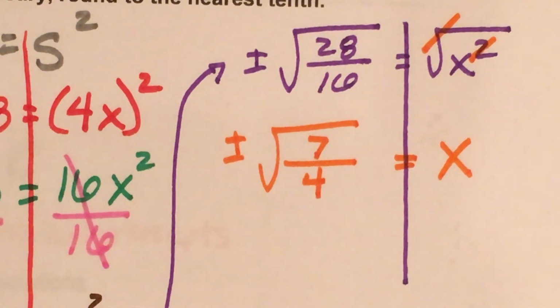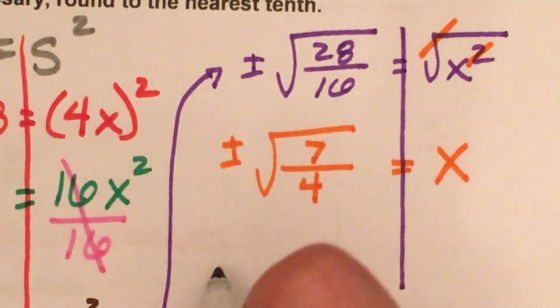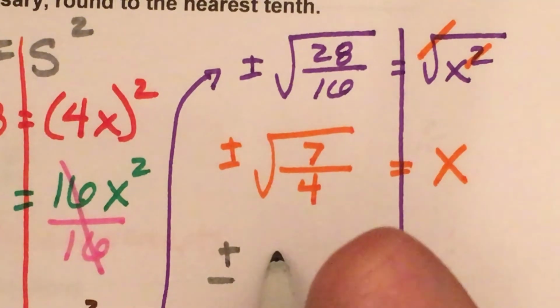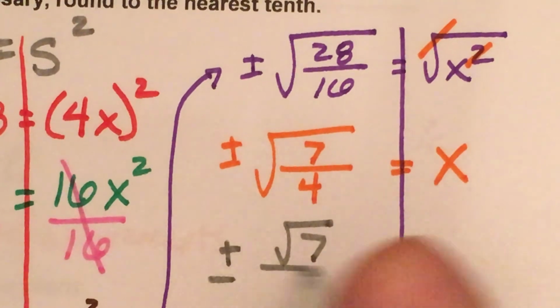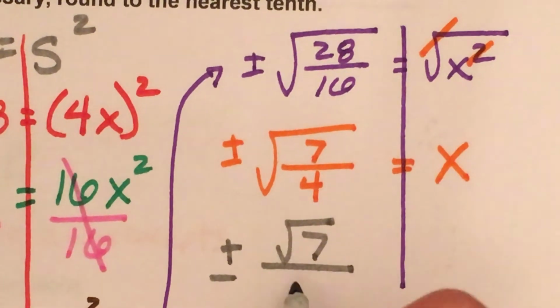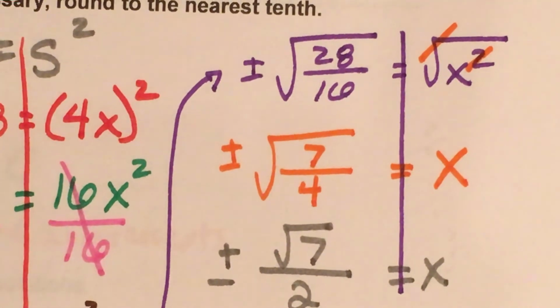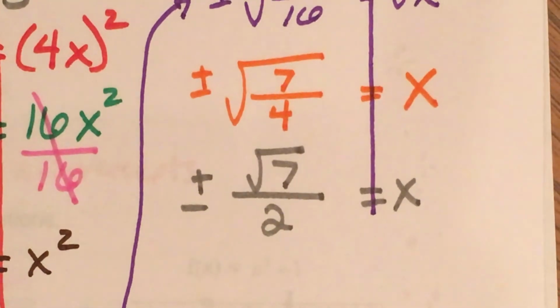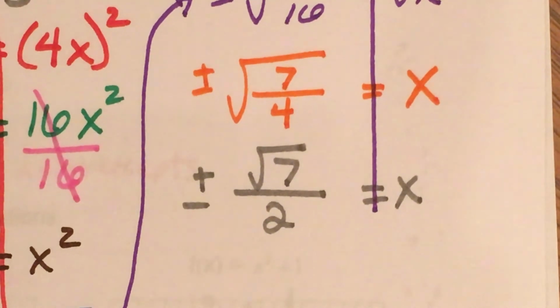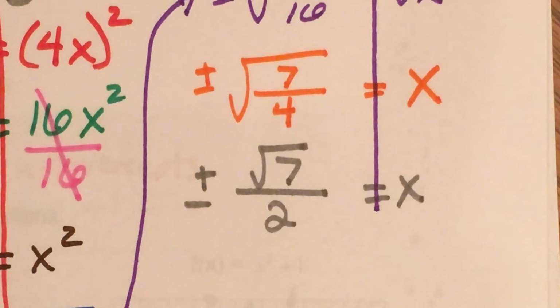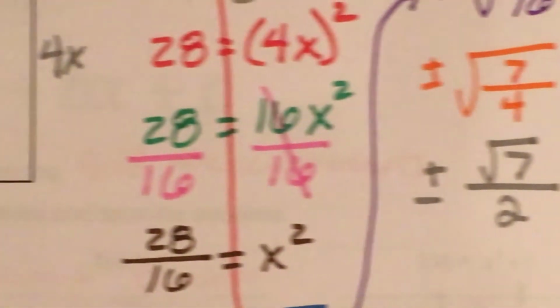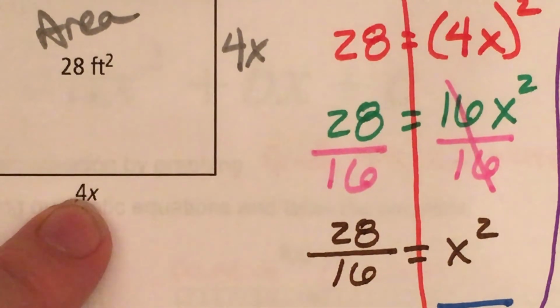All right. And then, does 7 square root clean? No. Does 4 square root clean? It sure does. It's 2. Not pretty, but not so bad. And then that last question that we've been having to discuss again and again. Can a length be negative? Remember, this is a length.